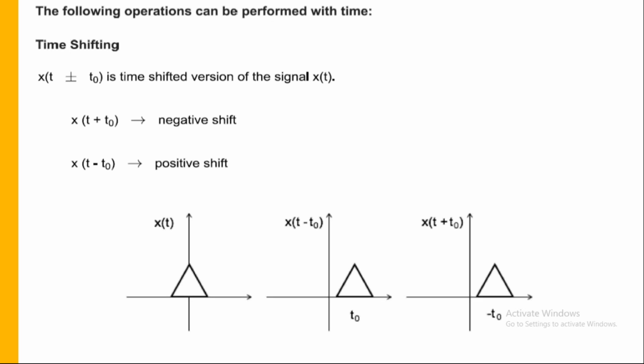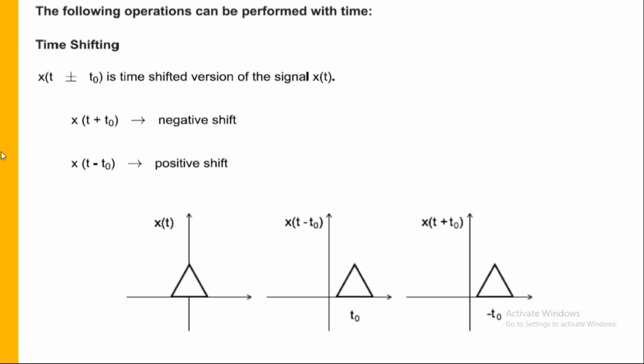When you take t minus t naught equal to 0, you will get t equal to t naught. So the moment you take the term in the bracket and equal it to 0, if you get a positive value, then you call it positive shift. If you get a negative value, then you call it negative shift.